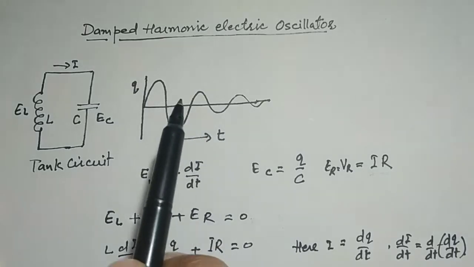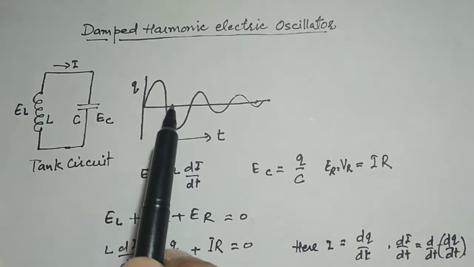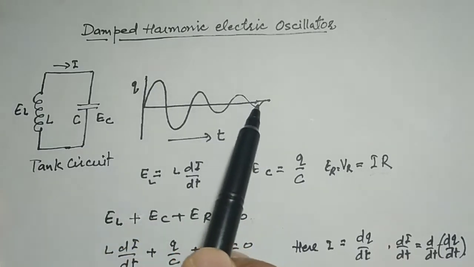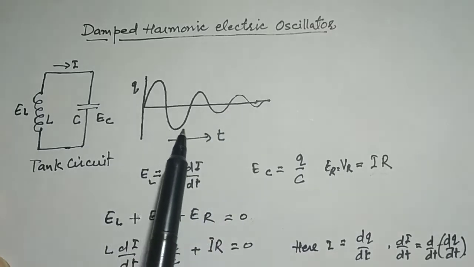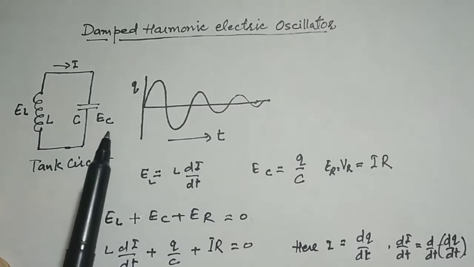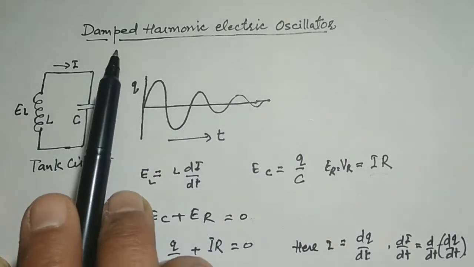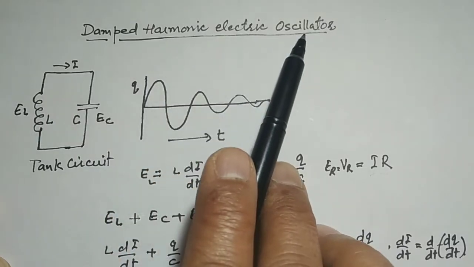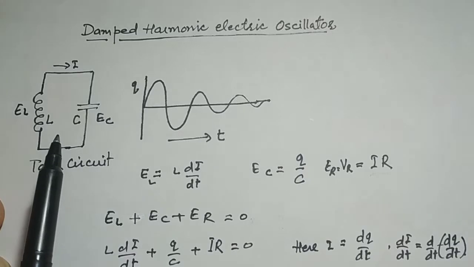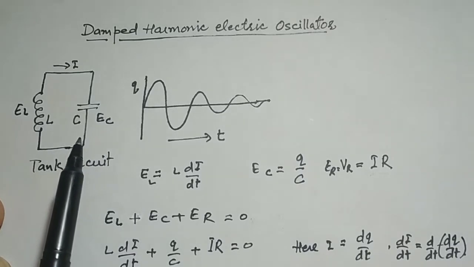The total charge is decreasing with time, and such oscillations are called damped oscillations. The electrical oscillator which produces this kind of oscillations is called a damped harmonic electric oscillator. So that is the basic idea about the harmonic electric oscillator with damping factor.